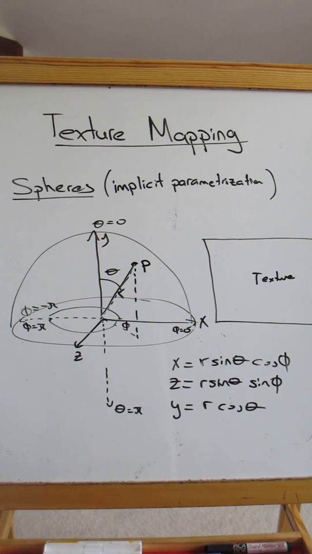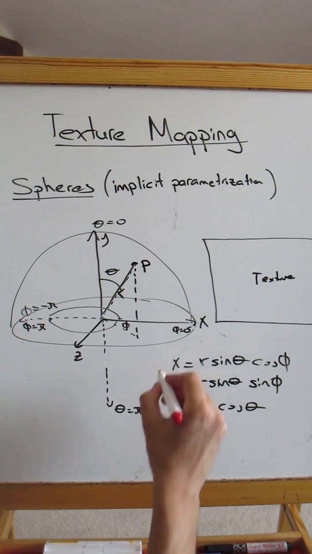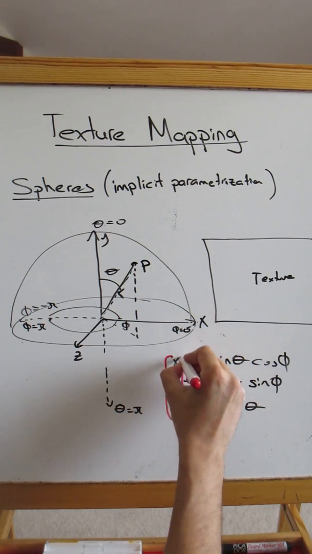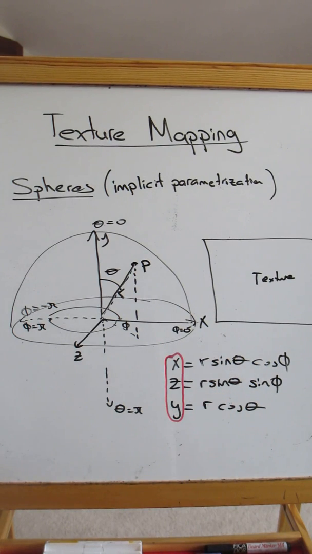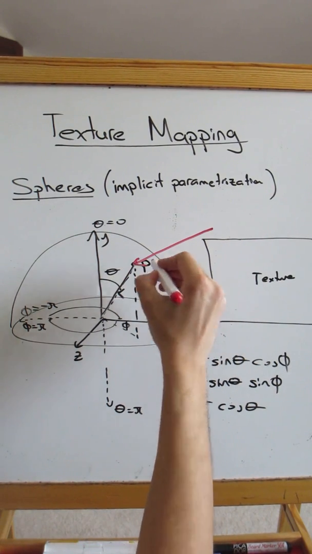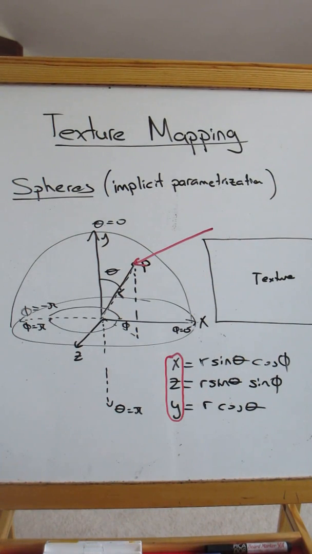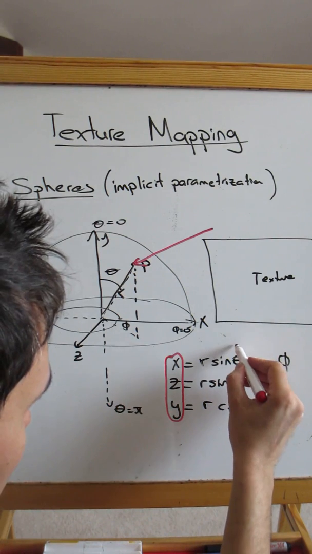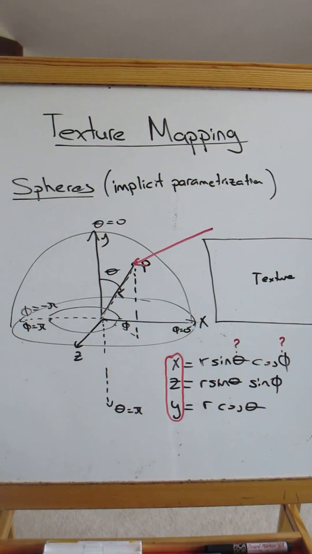So, in ray tracing, we know these X, Y, Z. This is the X, Y, Z of the intersection point. Our ray, wherever it may be coming from, has intersected this point. What we want to find are theta and phi. So we must reverse this formula.